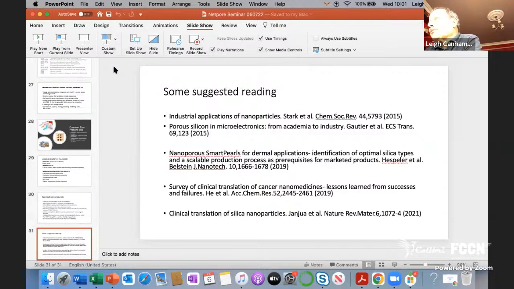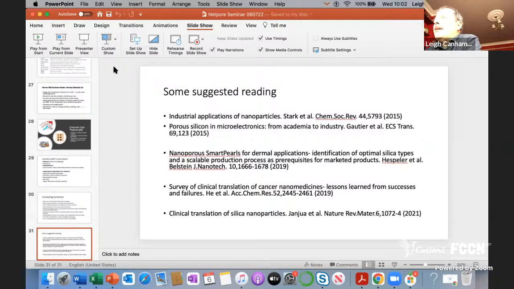But there are issues with that technique as well. It's work in progress, I think. For very high volume products, it's challenging, even with some of the new techniques coming forward.